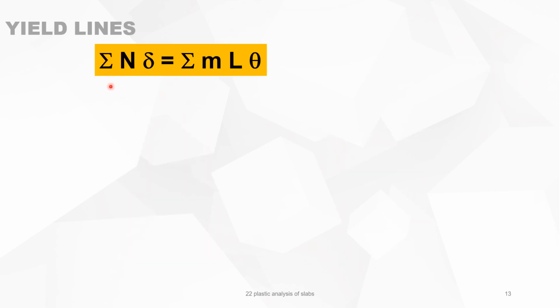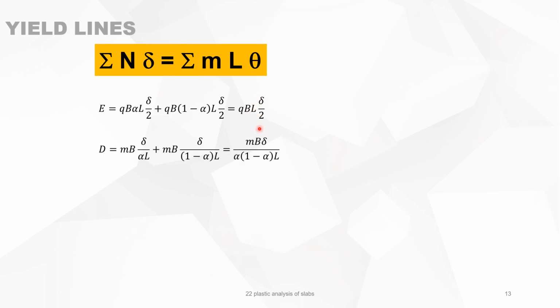We take the general formula for virtual work done. The external energy expended by the loads moving is equal to, we will use the short form, the total load, q times b times L. That's the total load, multiplied by the mean displacement, which is, because it's rectangular, delta over 2.